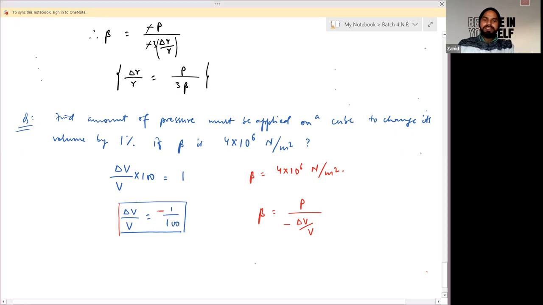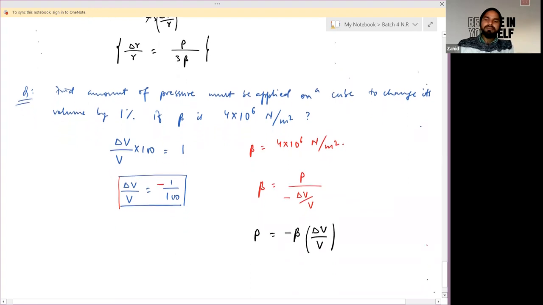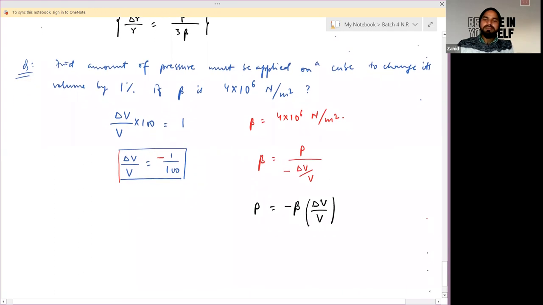So you may write pressure equals beta times delta V by V with a negative sign. Put the value of beta and delta V by V and simplify it. Raza, the negative sign will cancel out.